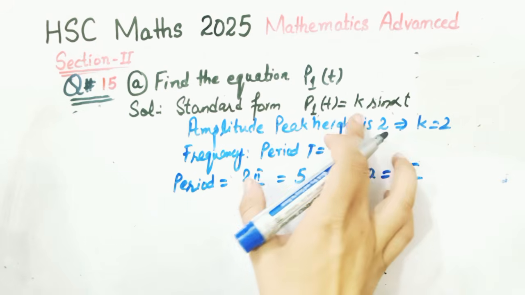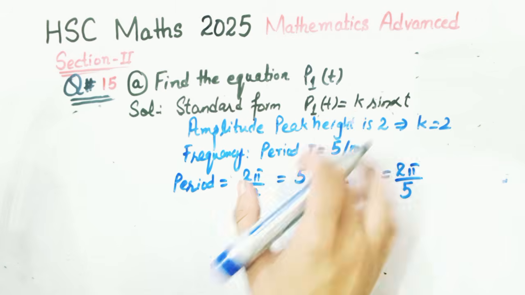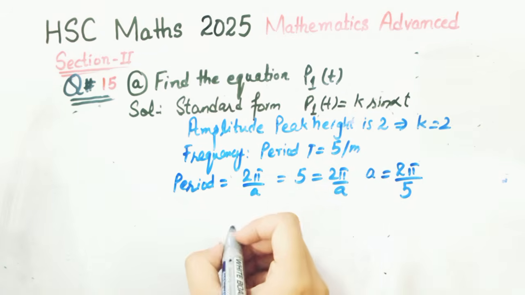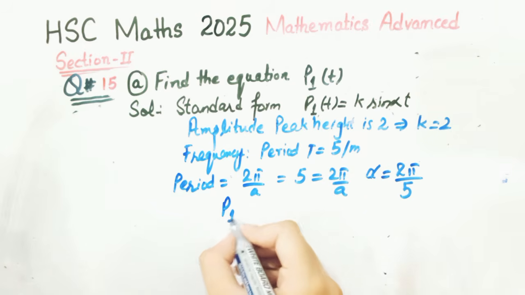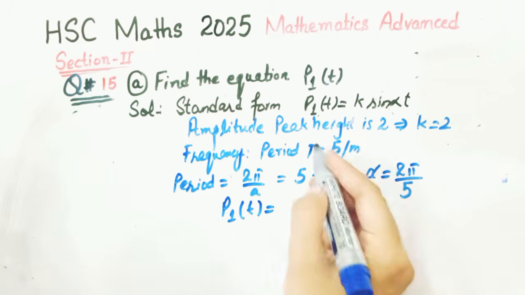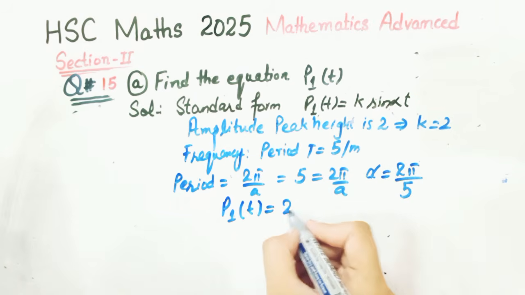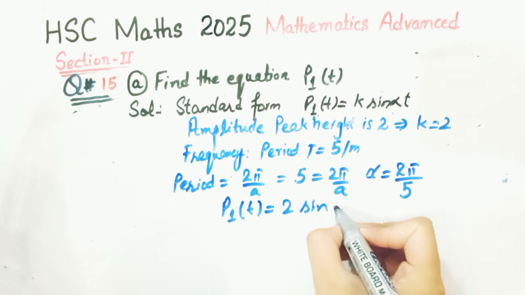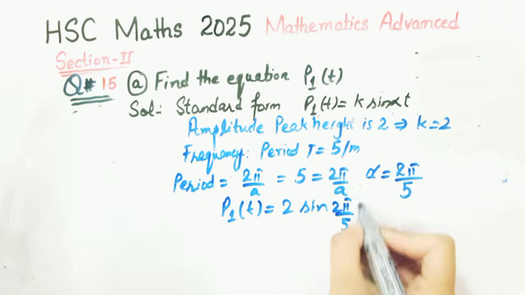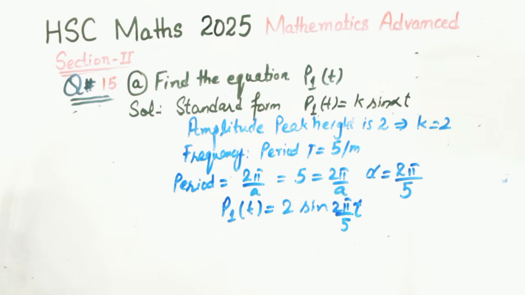Now we will write our final answer in the general form of the equation. That gives us P1(t), where the value of k is the peak height, that is 2, times sine of a t, where a is 2 pi by 5, so sine(2 pi t by 5). So this is the final answer. Now in part B, you have to find the second function.